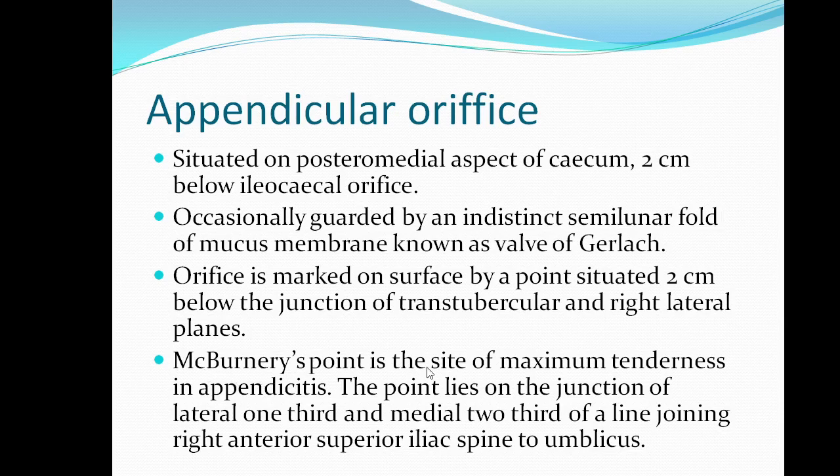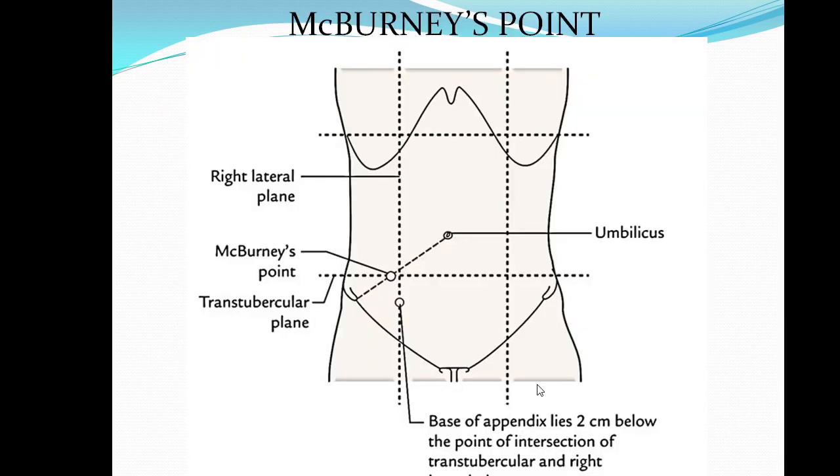McBurney's point is the site of maximum tenderness in appendicitis. The point lies on the junction of the lateral 1/3 and medial 2/3 of a line joining the right anterior superior iliac spine to the umbilicus.